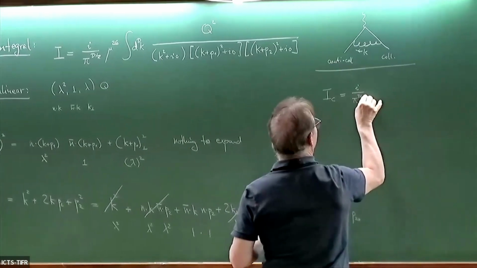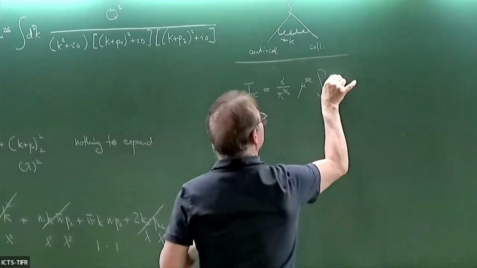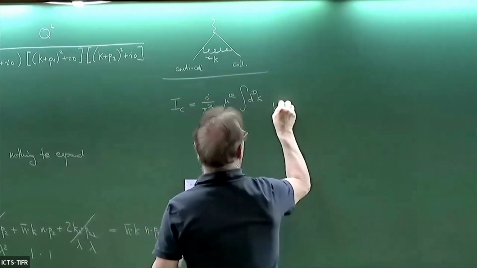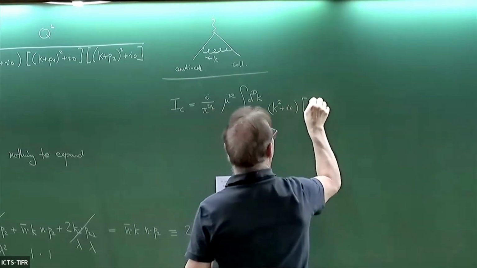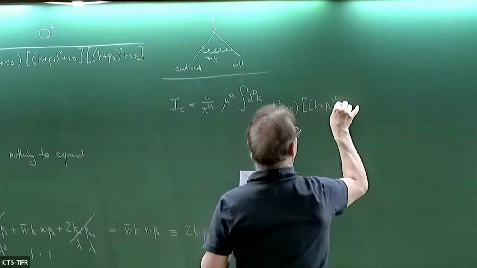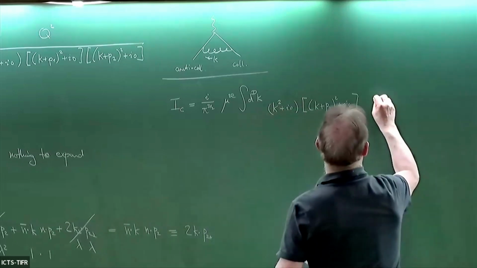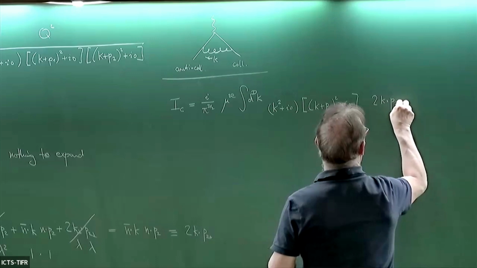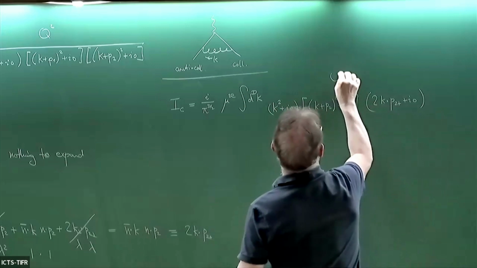Always need to write it down. The first propagator stays as it is, k squared plus i0. The second one also stays as it is, (k plus p2) squared plus i0. The third one now is different: 2k dot p2 plus i0. And upstairs it's q squared.